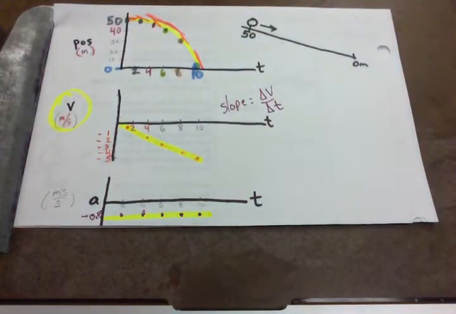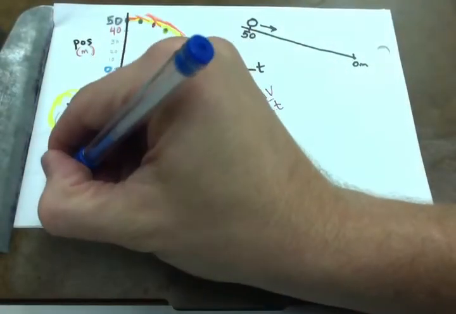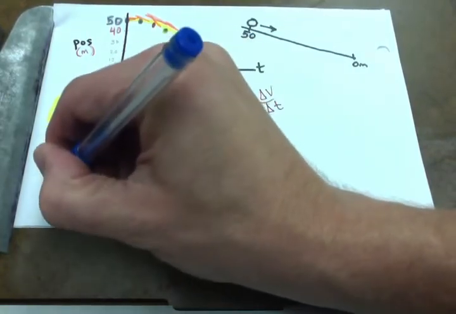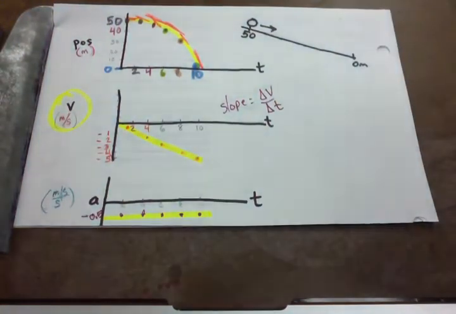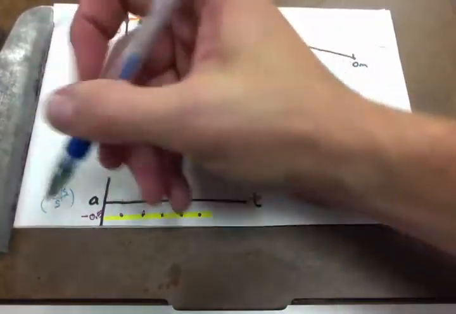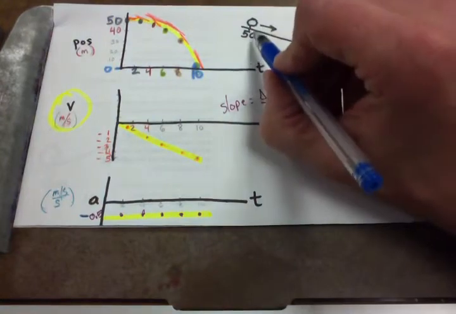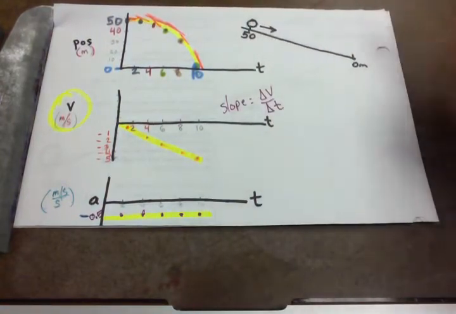Now, a great way to check yourself, if you've gone through this whole process, and remember, this acceleration, this change in velocity with respect to time, is all due to gravity. So if I'm calling the acceleration due to gravity negative, down, yes.